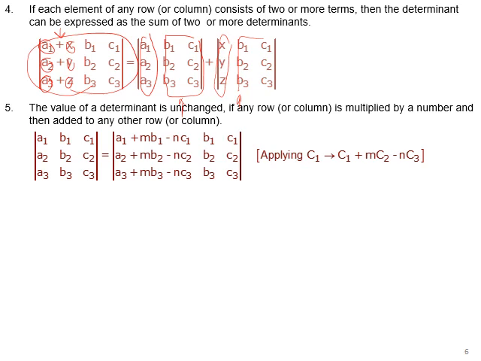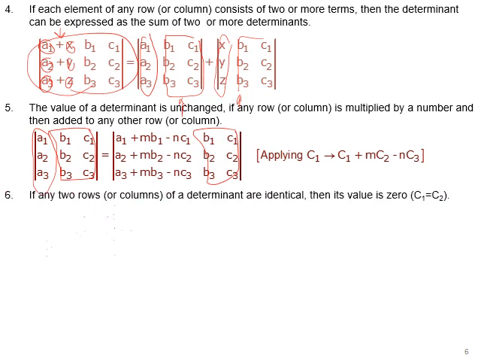As an example, now what I will do, I keep the second and third columns as they are, but I would like to add m times the second column minus n times the third column to column 1. Will this change the determinant? No, it will not change the determinant. By the way, I am just describing the theory. Later on with examples, this will be clarified with numbers.